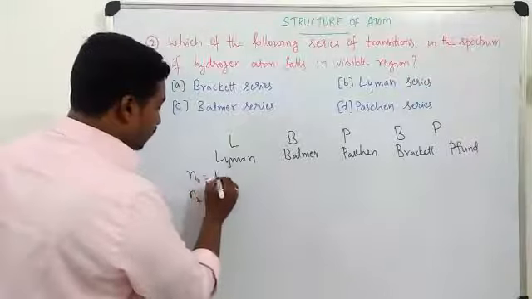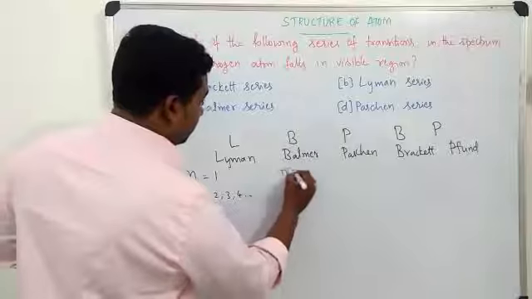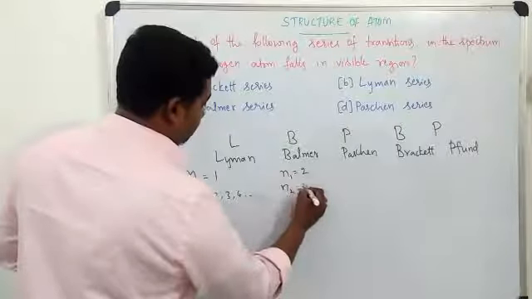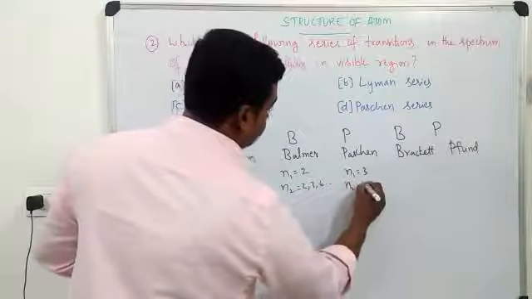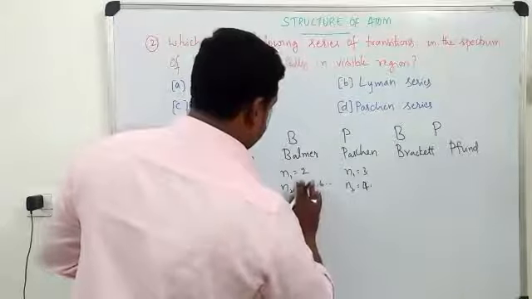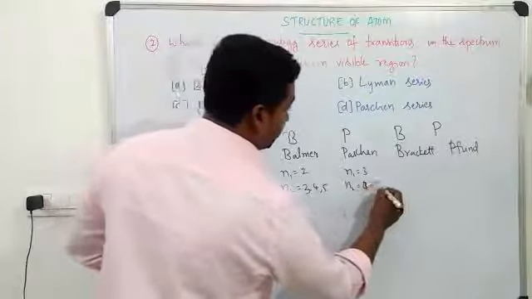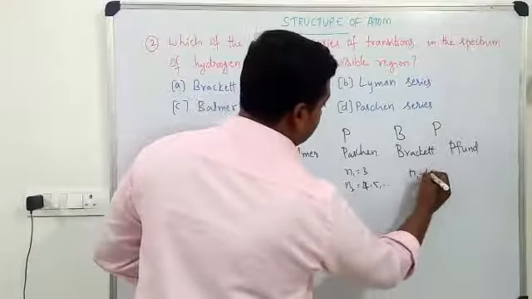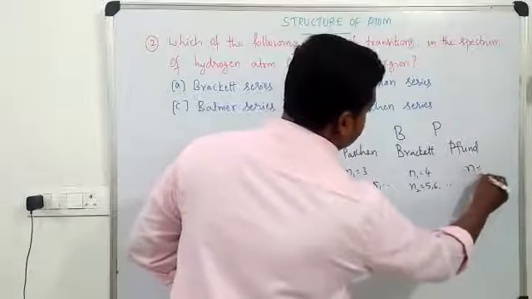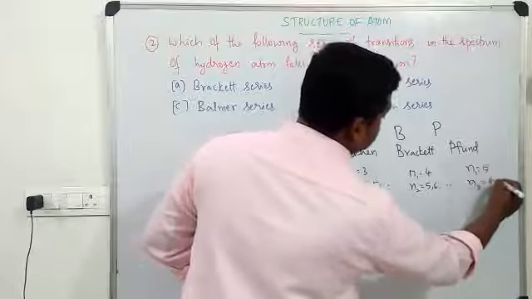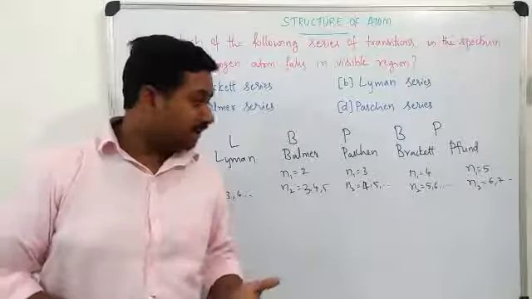Lyman will have n1 value 1 and n2 can be 2, 3, 4, etc. Balmer will have n1 value 2, n2 will be 3, 4, etc. In Paschen, n1 is 3 and n2 is 4, 5, etc. Brackett will have n1 value 4 and n2 value 5, 6, etc. And Pfund values are n1 equal to 5 and n2 equal to 6, 7, etc. Definitely n2 will be at least one number greater than the n1 value.